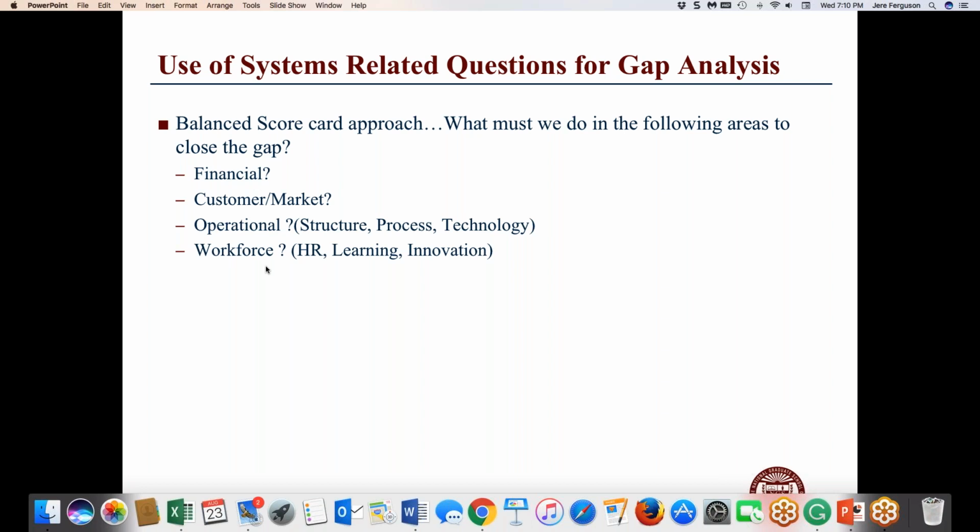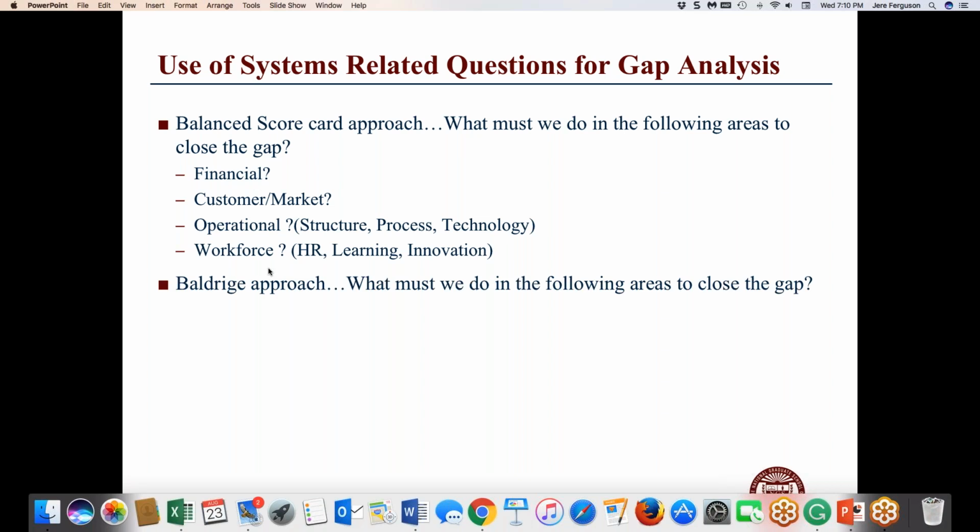What new types of people and skill sets do you need to bring into the organization to be sure that you're going to close this gap? So in an initial balanced scorecard approach, once you've developed that strategy and identified that gap, you as a management team would want to evaluate that gap, analyzing it with these types of factors.